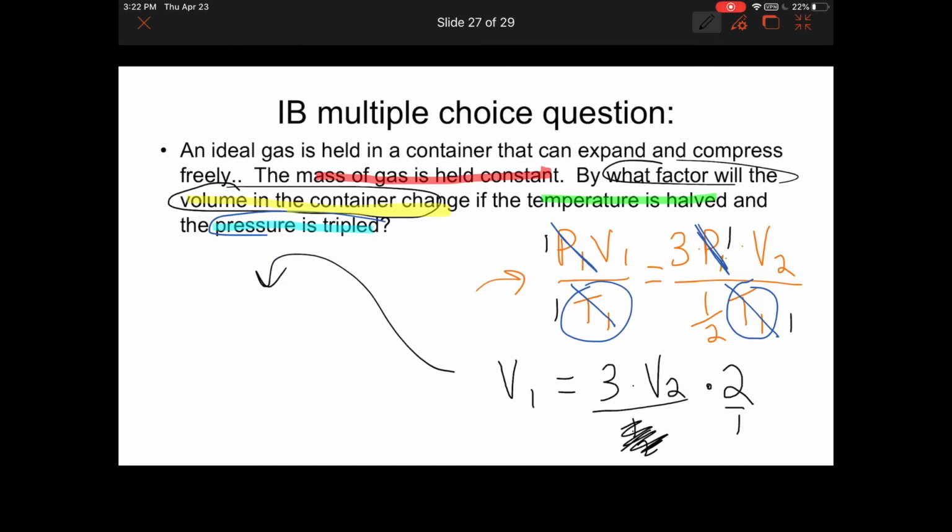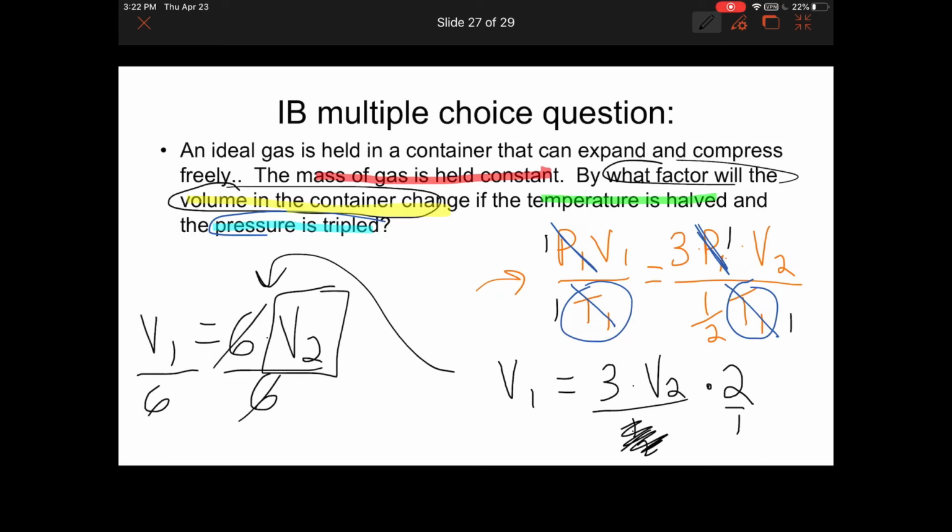This will actually simplify to V1 equals 6 times V2, but I want to know the new volume. I'm actually solving for the new volume. So the final answer, you can see that the final volume is 1/6 of the initial volume.